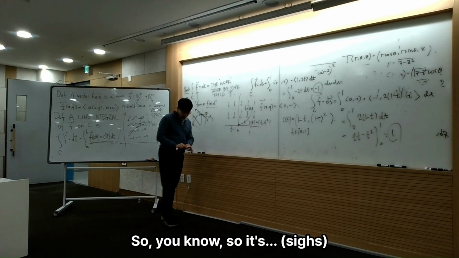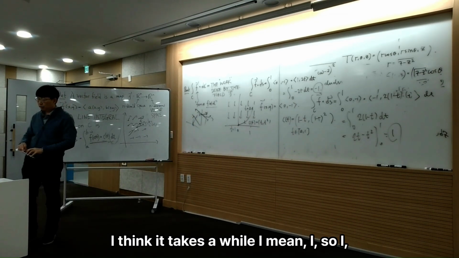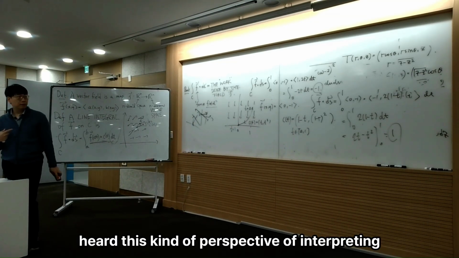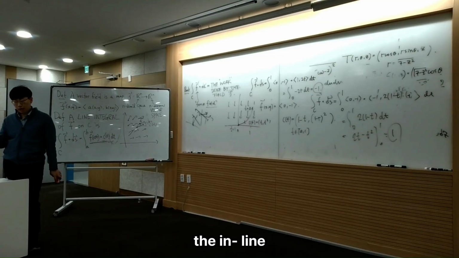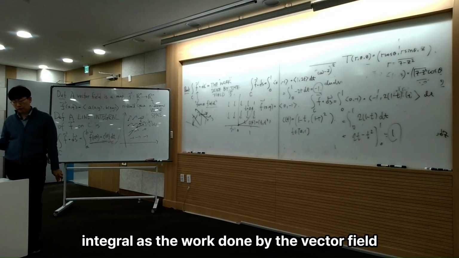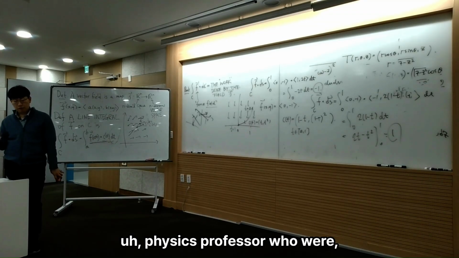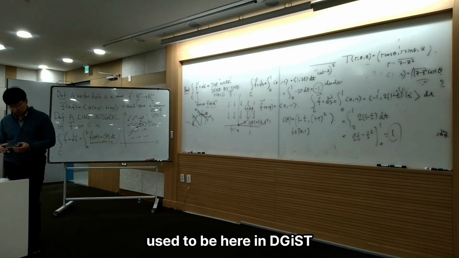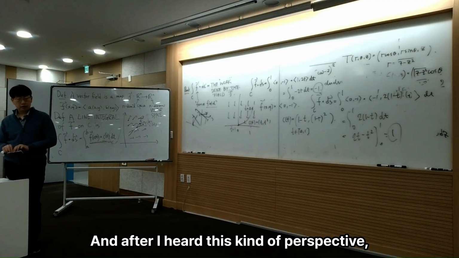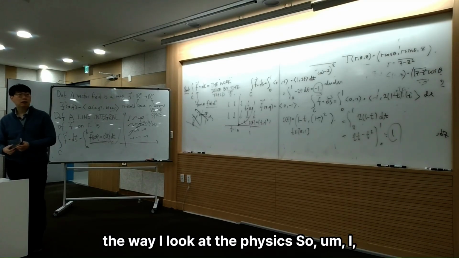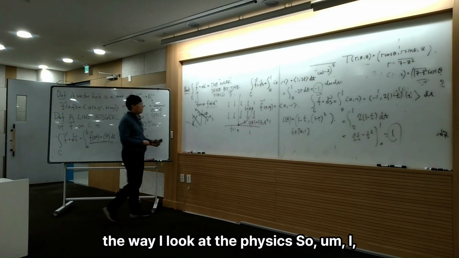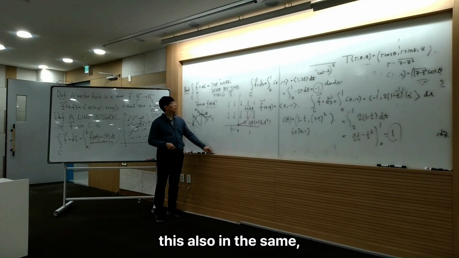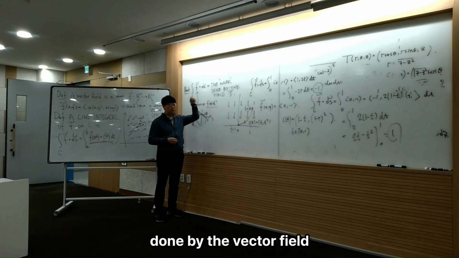So I think it takes a while. I heard this kind of perspective of interpreting the line integral as the work done by the vector field from a physics professor who used to be here at DGIST. After I heard this perspective, it changed the way I look at physics. So I hope you can think about this also, the meaning of work done by the vector field.